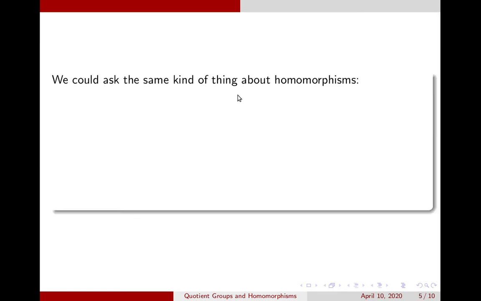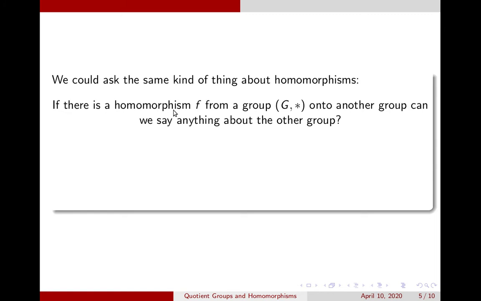We could ask the same kind of thing about homomorphisms. So if there is a homomorphism F from a group G star to another group, can we say anything about the other group? Dealing with homomorphisms now instead of isomorphisms. Here again, the answer is yes.